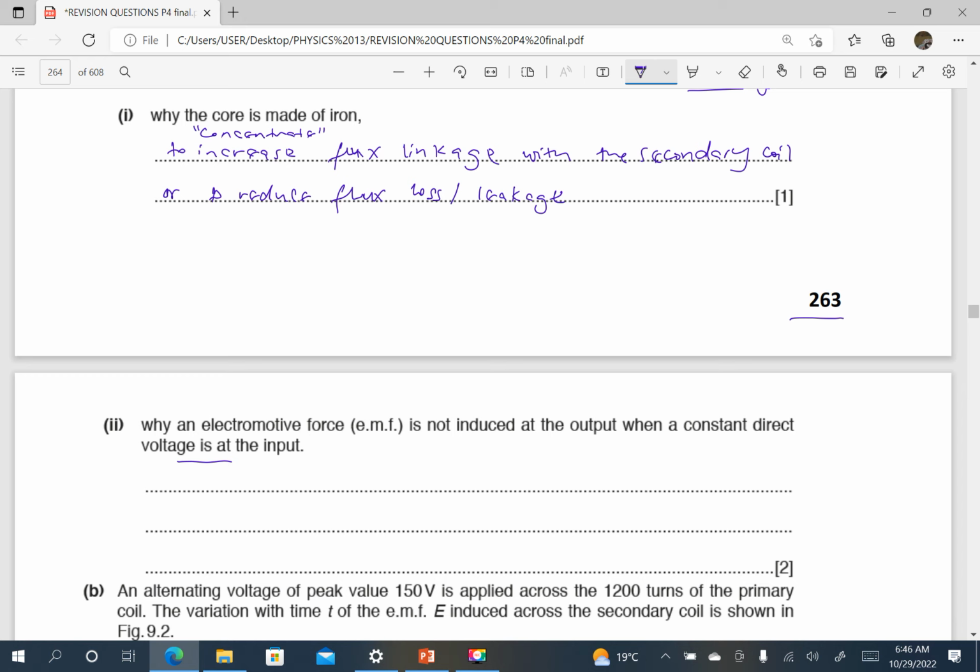So we can say EMF is induced only when flux in the core, or in the coil, is changing.